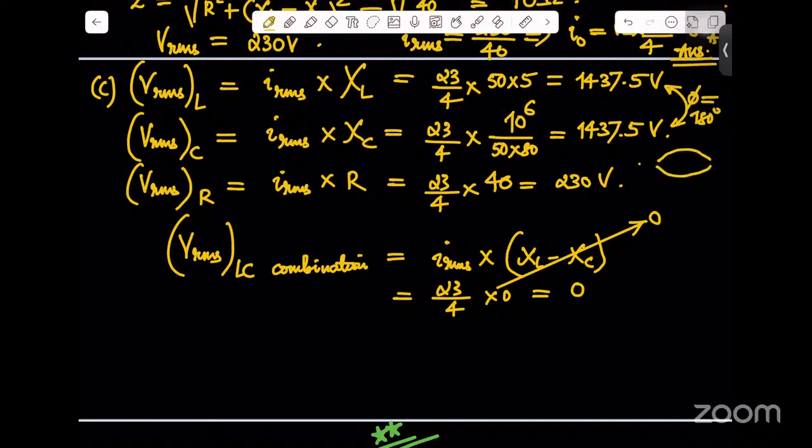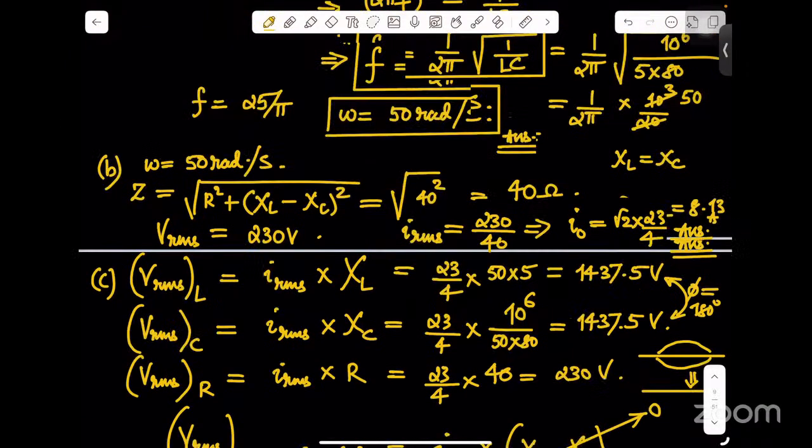The waveform for both will be like this. So that's sort of a destructive interference, right? So it would be 0. So we have found out the individual potential drops across each component and also across the LC combination. We have shown that it is 0. So that is proof.